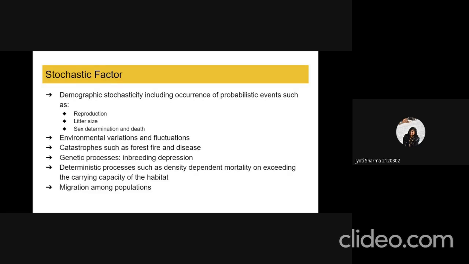If we select only the gray-eye population and remove the black-eye population, there may be inbreeding depression, and because of natural selection or other conditions at the genetic level, these species can become extinct. So this was all about genetic processes.